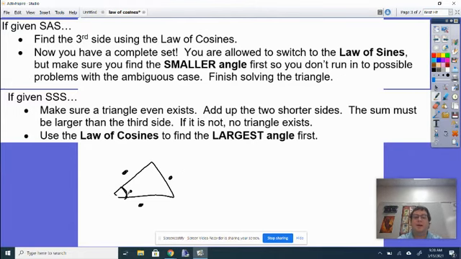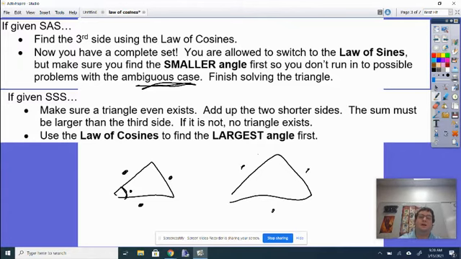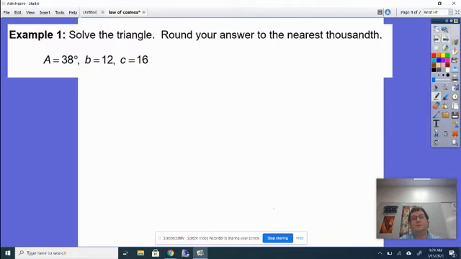Once we find that, so that we avoid the ambiguous case where we end up with two triangles, we do want to find the smaller of the two remaining angles, but we'll look at that when we get to it. The other scenario is all three sides, and then we are going to want to find the biggest angle first, again so we can avoid the ambiguous case.